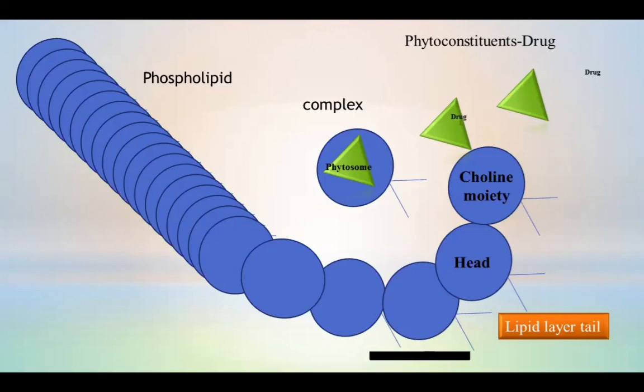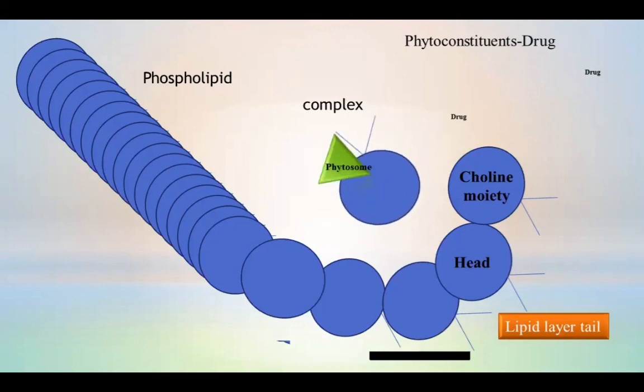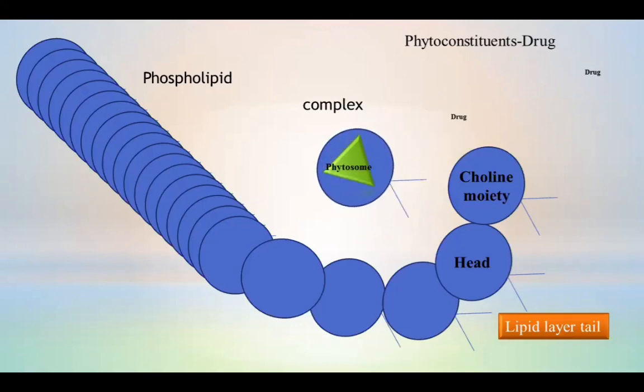The choline part bound with phytoconstituents forms the head, while the lipid layers form the tail. The drug moiety will be entrapped in the phospholipids as head and form phytosome.